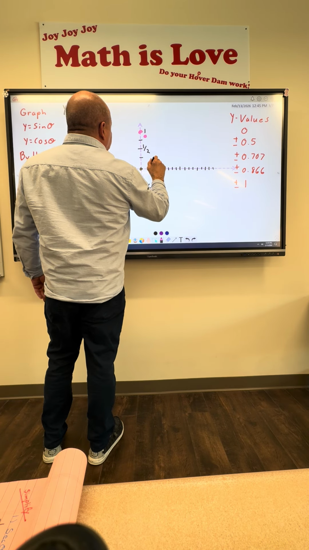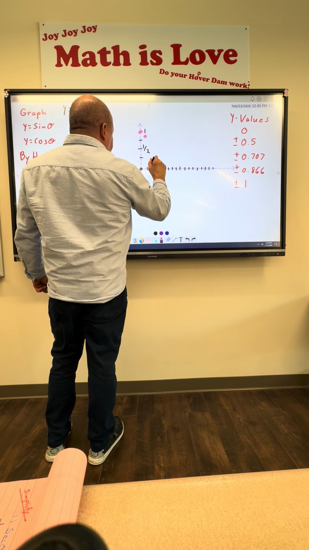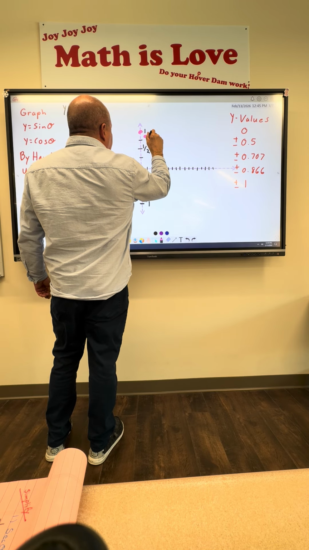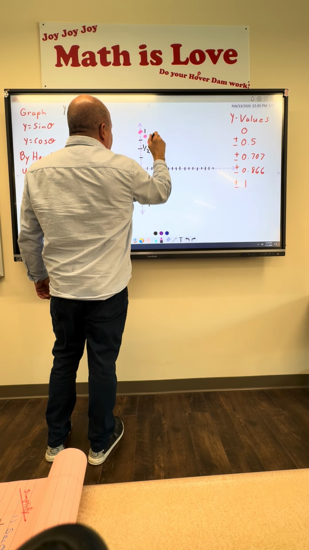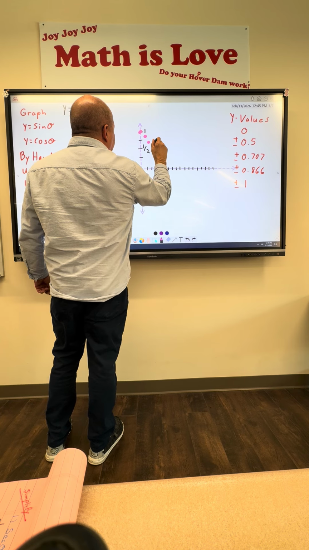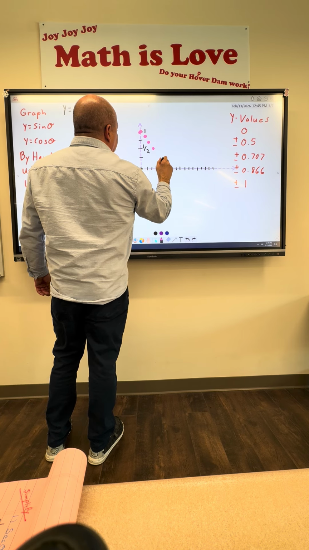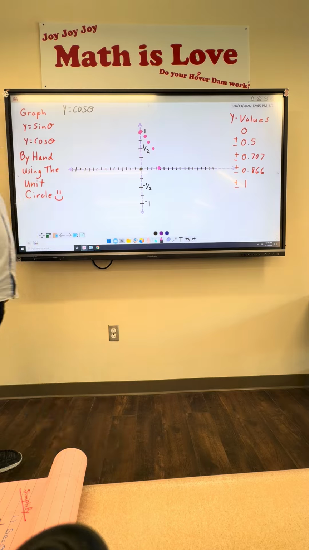So for the next 0.707, do your best to estimate that. The next 0.5, the next is 0. You're starting to graph your cosine curve by hand.